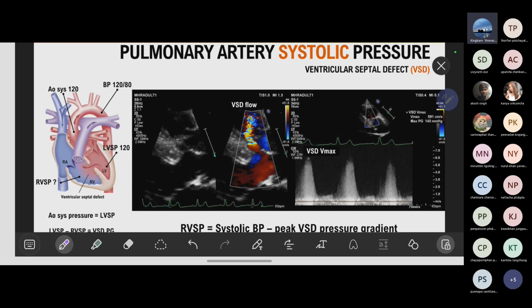Next, this is how to calculate PASP in a patient with ventricular septal defect, or VSD. In this patient there is a defect in the interventricular septum, right? So this is the LVOT, aortic valve here, and this is the interventricular septum.